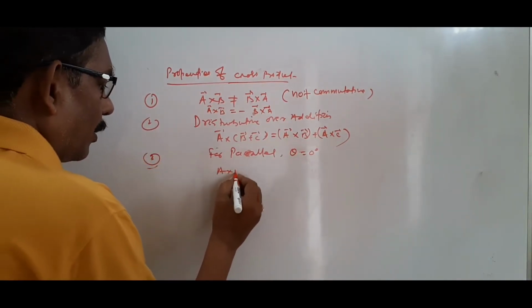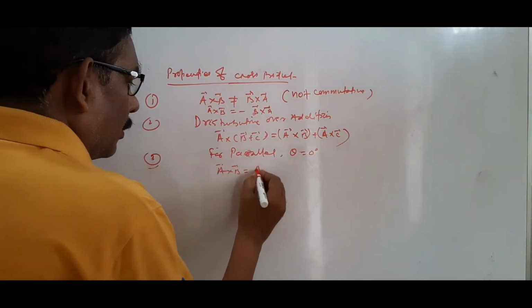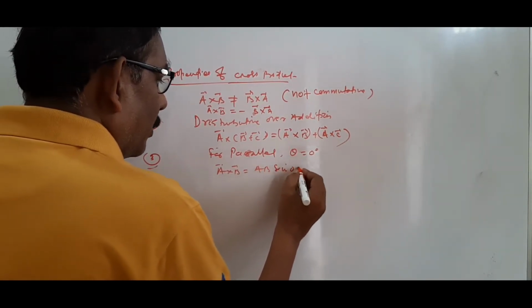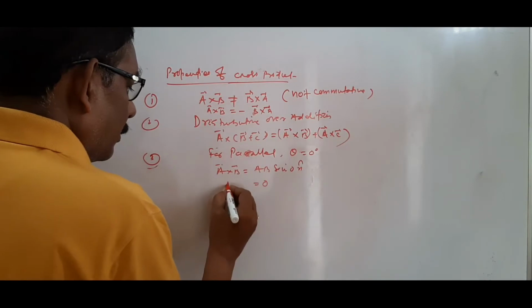So A cross B equals AB sin 0 n cap, that is 0.